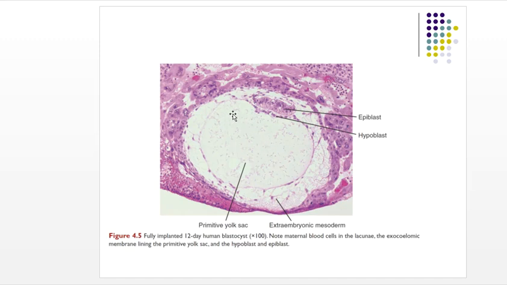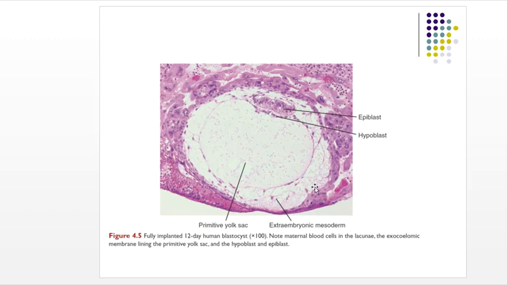Here again, a real embryo at 12 days, you can see the primitive yolk sac. This is the Heuser membrane. Here is the extra-embryonic mesoderm. Here is the cytotrophoblast layer, and the epiblast and hypoblast. The columnar layer is the epiblast and the cuboidal layer is the hypoblast.